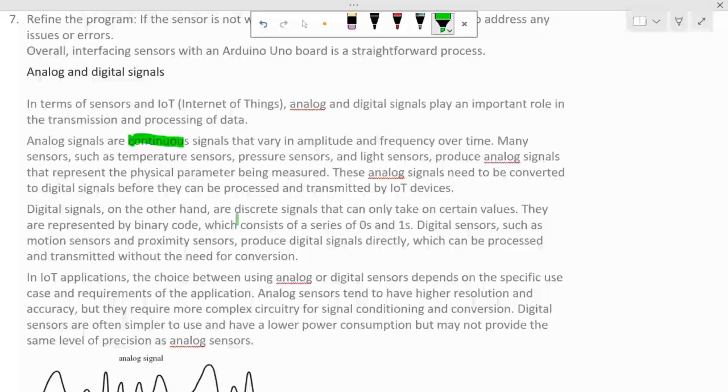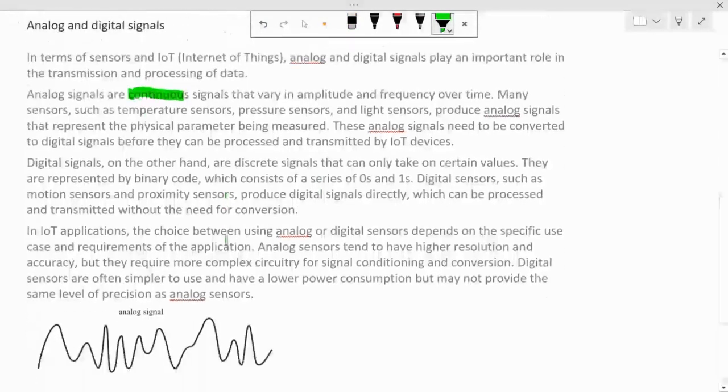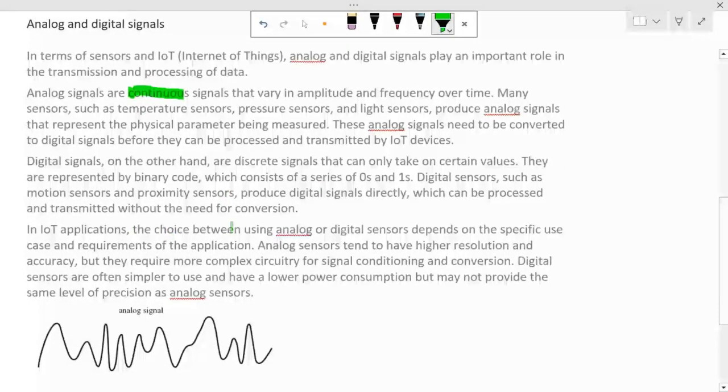They are represented by binary code consisting of a series of zeros and ones. Digital sensors such as motion sensors and proximity sensors produce digital signals directly, which can be processed and transmitted without any need of conversion. In IoT applications, the choice between using analog and digital sensors depends on the specific use case and requirements of the application.